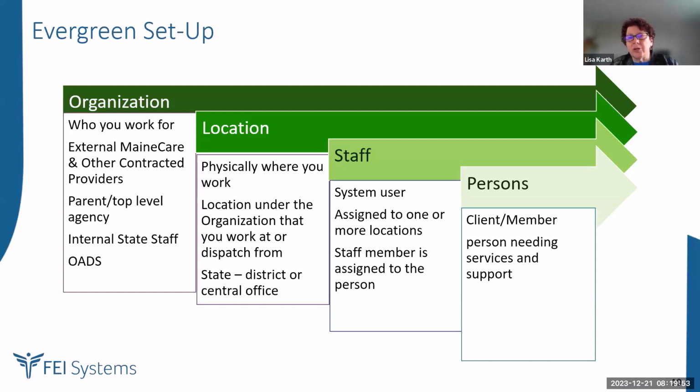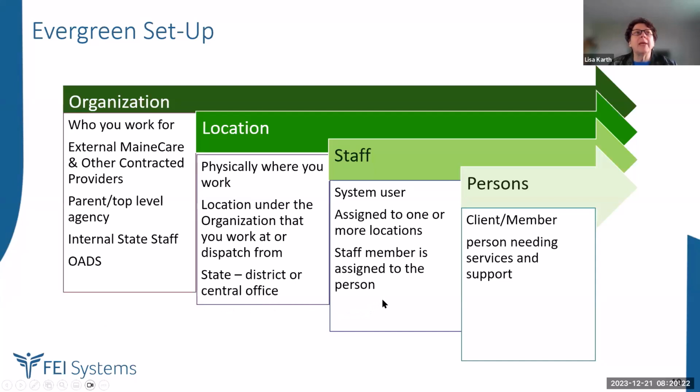For internal users, it's ODES or state staff. Your location is where you physically work, and it's always underneath the organization. So it's where you work or you dispatch from or conduct your work under. Some of us are still working remotely. Now, for the state staff, this is your district office or central office.